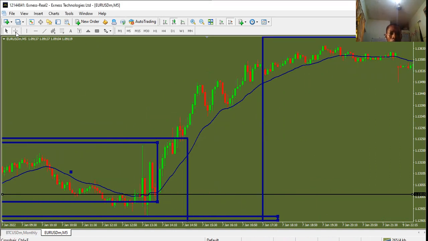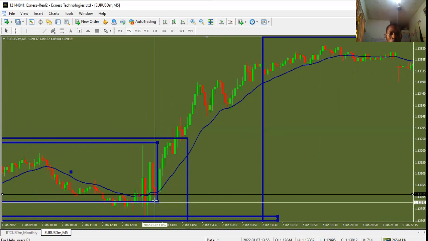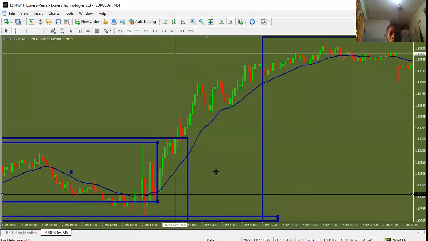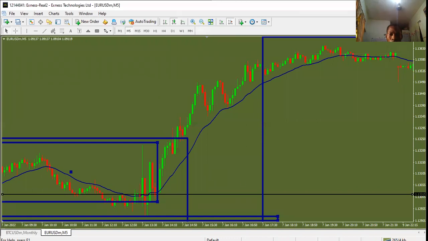Look at it. They did not close below this place. This is the market structure low. They did not close below this level.